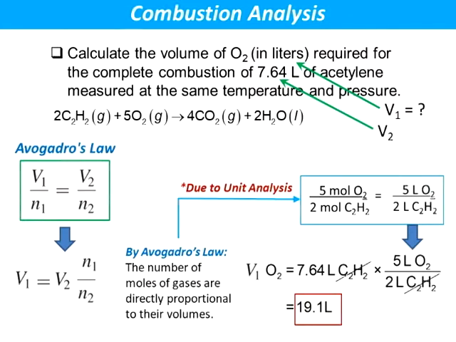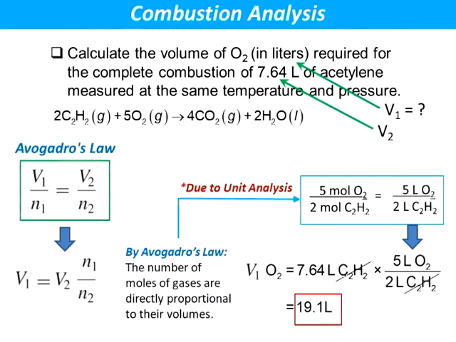We could carry out this dimensional analysis straight away as shown on the far right, but note here an important feature is that due to the unit analysis, it is proper to convert the moles to liters to match the rules of unit analysis.